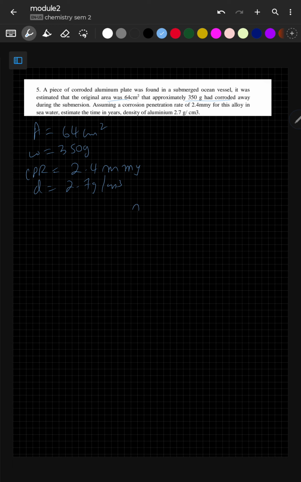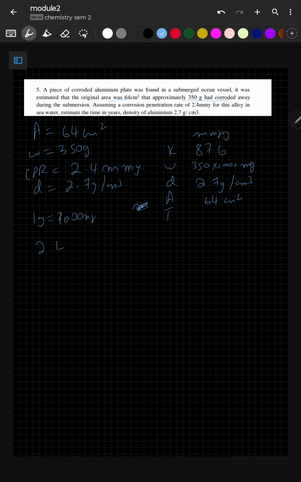Same thing, but here in mmpy. So that I will write here only, data: K is 87.6. 350 gram we want in milligrams. 1 gram is 1000 milligrams. So 350 gram will be 350 into 1000 milligrams. Density is 2.7 grams per centimeter cube. Area is 64 centimeters square, and in mmpy we want centimeter square only. And time we have to find out.